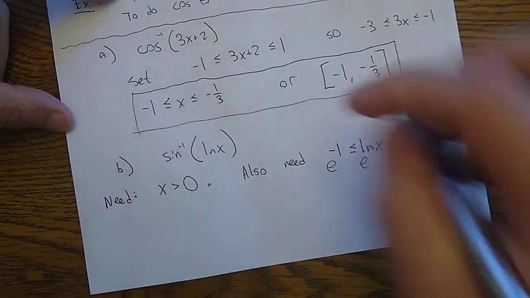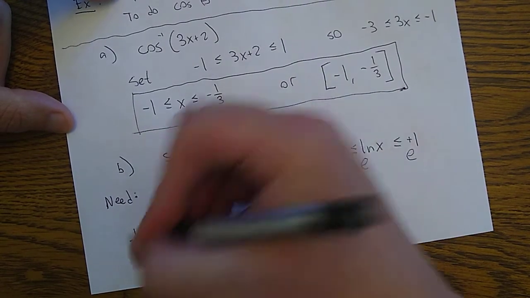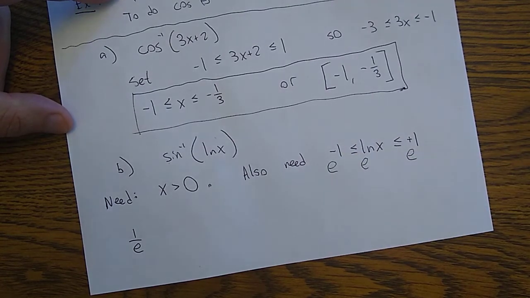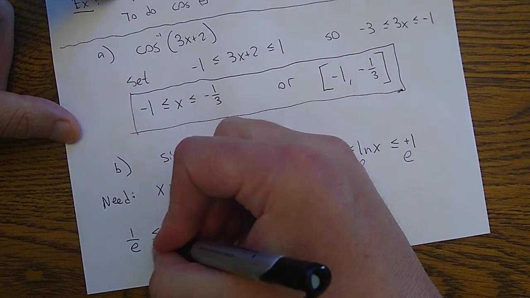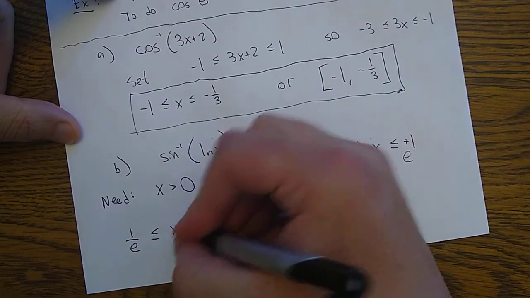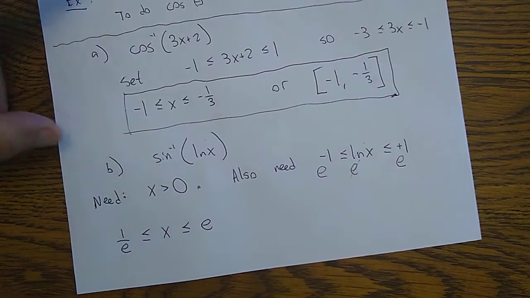So I'm going to get e to the -1, which is 1 over e, right? -1 power means reciprocal. This, they just go away, and I just get x. And this is e to the 1, which is just e.